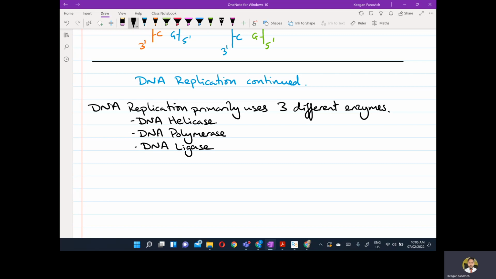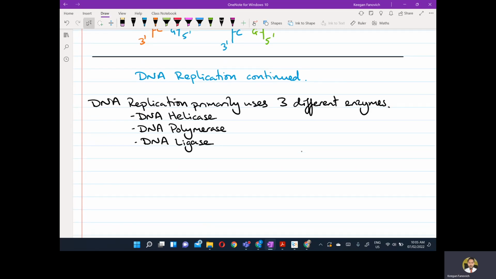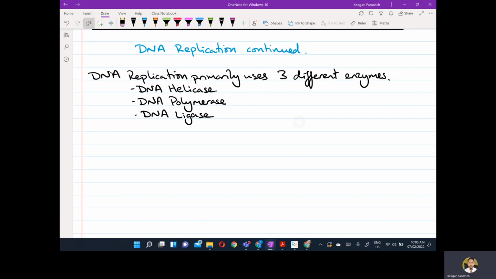Now, before you go off and run around on the internet and look for all these different processes, right? They are correct. These are the 3 enzymes, but these are generalized categories. So sometimes, depending on what video you're looking at, you'll hear them talking about DNA polymerase 1 and DNA polymerase 3, right? You'll hear them talking about different types of ligases and other enzymes, including one called a primase, which I'll talk to you all about just now also, right?